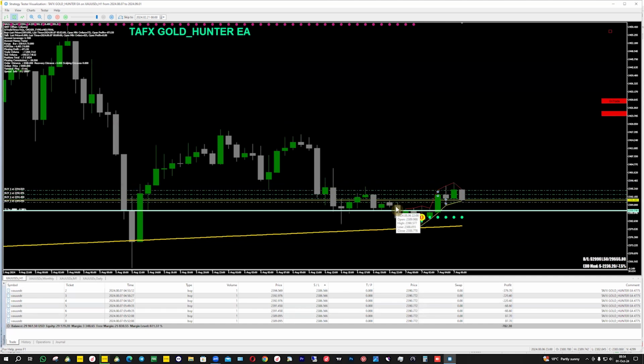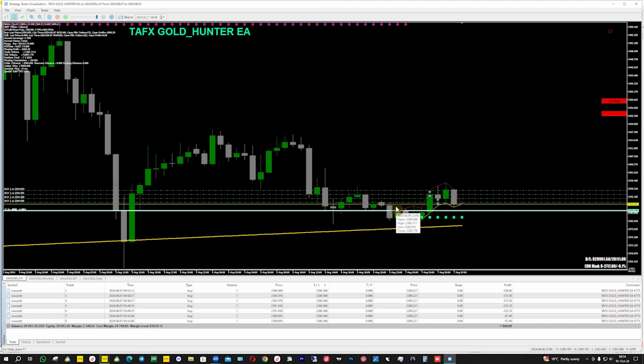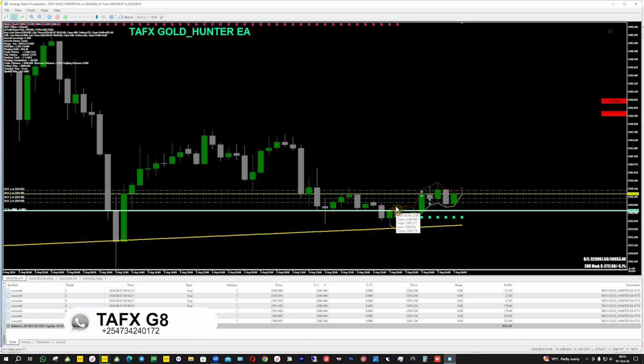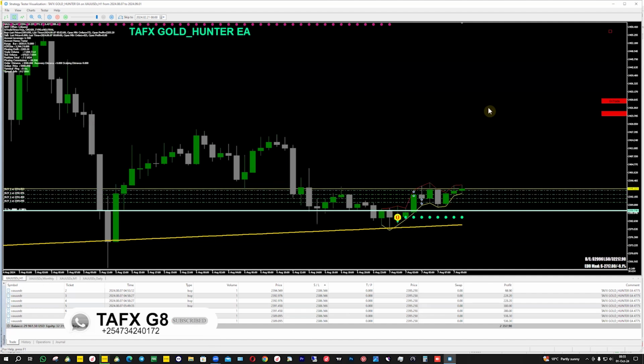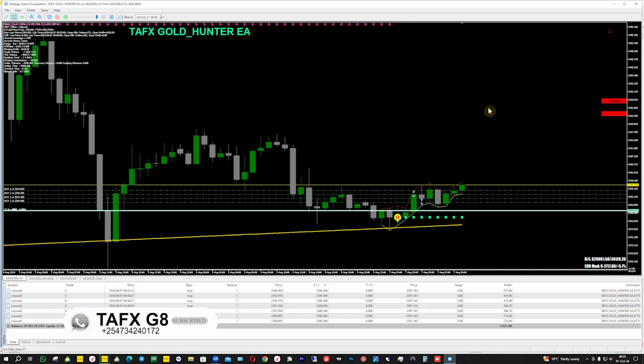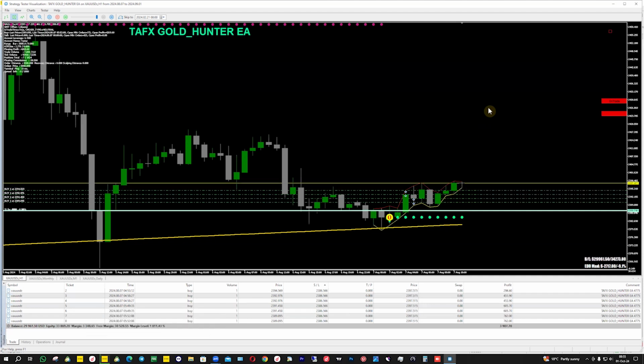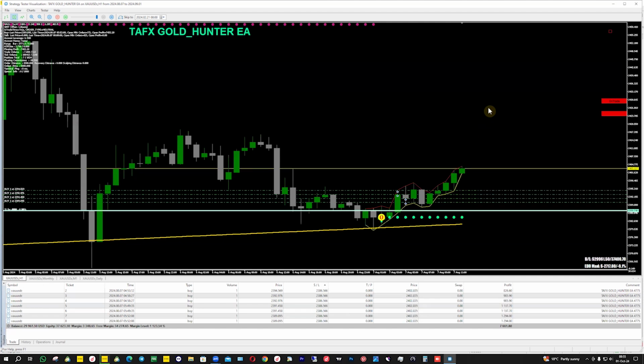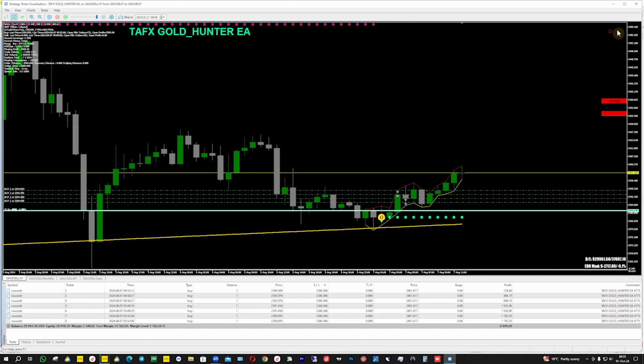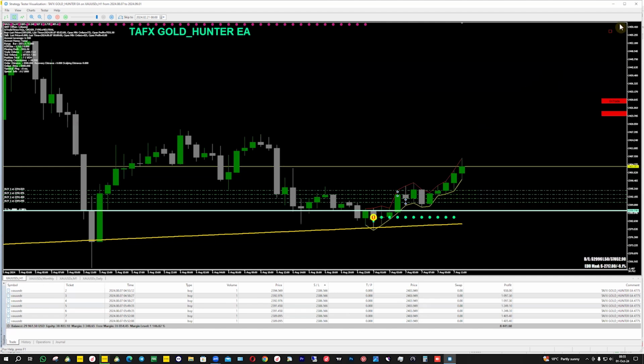This is why I told you, even if the system gets only 1 signal in a month, that's enough, guys. You can see now, if the market starts going in our direction, it won't add any position, because we were only adding positions when the market was going against us.